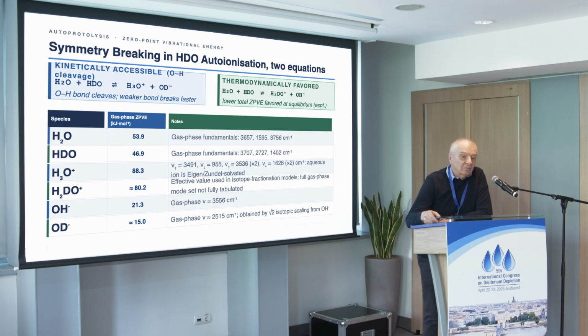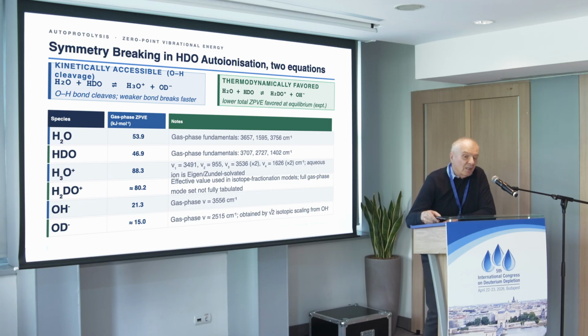So here I show how the symmetry breaking is influencing the autoionization of water. Autoionization is normally completely symmetric with water.